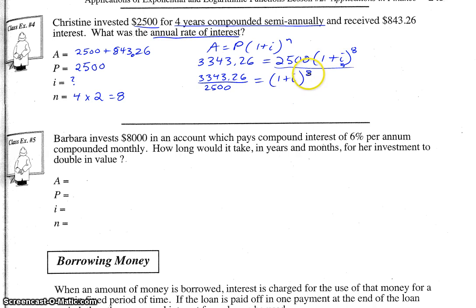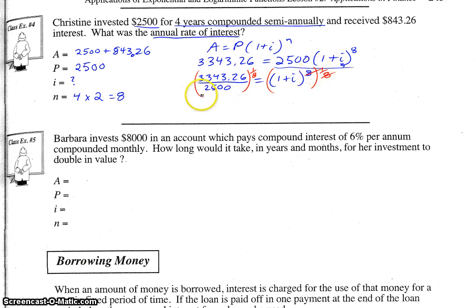So to get rid of this exponent, we are going to do the reciprocal exponent. We do not log both sides because we're not trying to find the value of the exponent. We're trying to find the base of the power, right? So we want to get rid of the exponent by doing the reciprocal exponent, because 8 times 1/8, that's just 1.